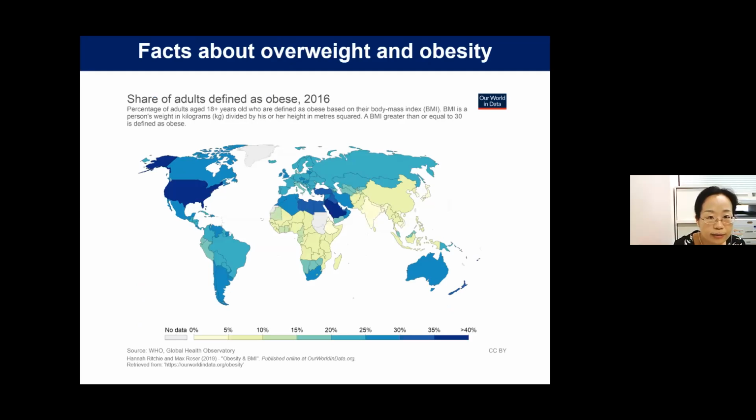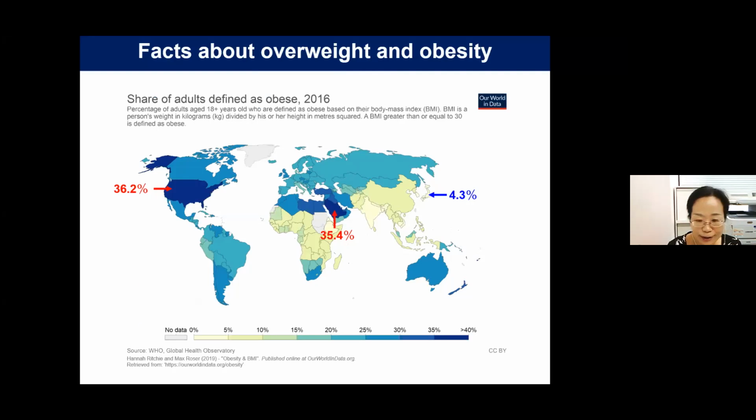These are the facts about overweight and obesity. In 2016, the world ranking for the high risk prevalence of obesity is 36.2% in the United States and 35.4% in Saudi Arabia.